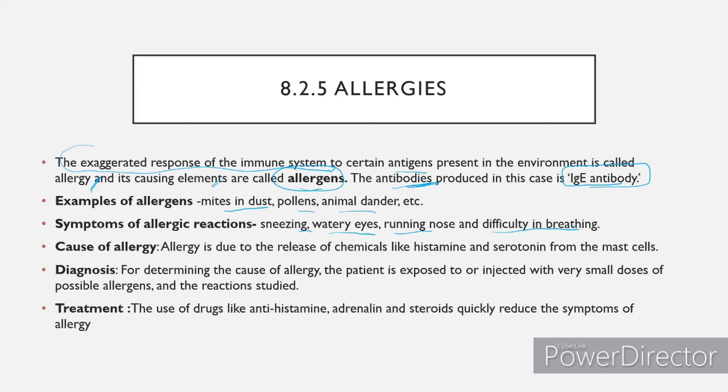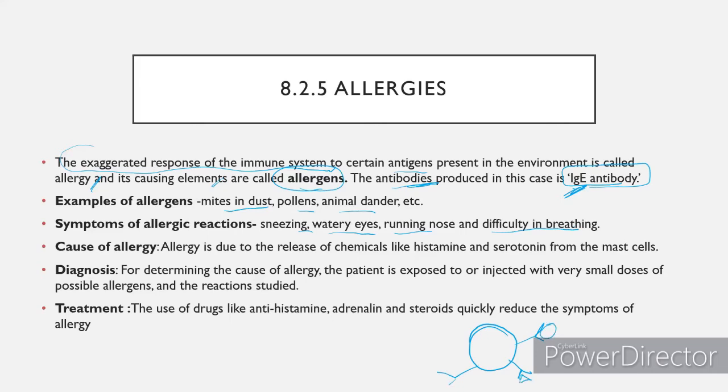Okay, so basically, in an allergy, what really happens is this is a mast cell, and there are antibodies situated around it. These antibodies are IgE antibodies. This antibody will come and encounter some allergens.